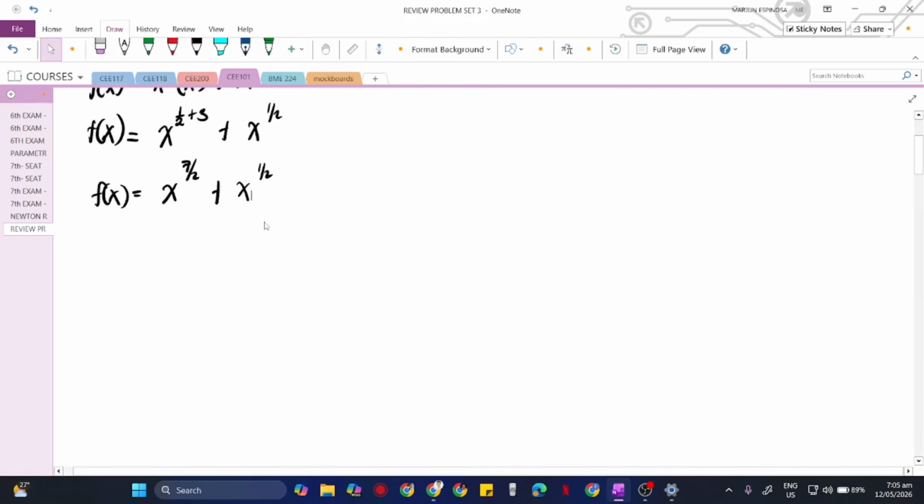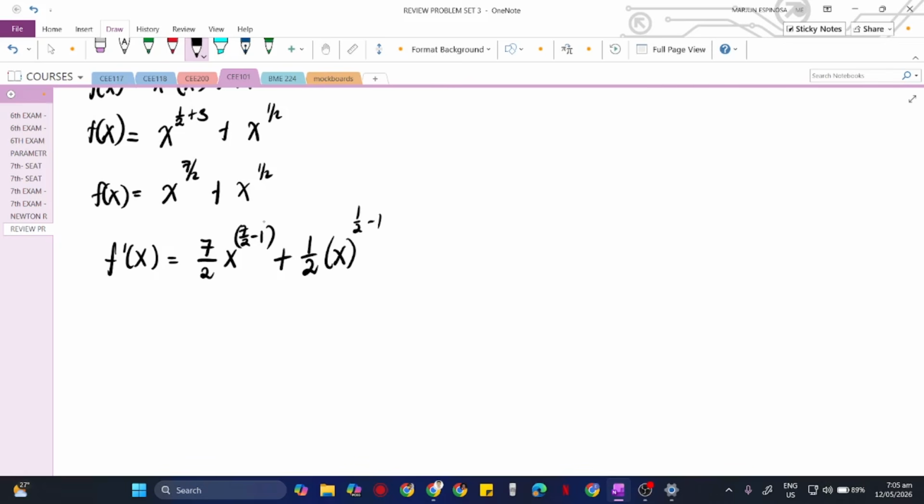This is the time we can take the first derivative. So f prime of x equals: bring down 7 over 2, x raised to 7 over 2 minus 1, plus 1 half, x raised to 1 half minus 1. 1 is the same as 2 over 2, so 7 minus 2 is 5, giving 5 over 2.